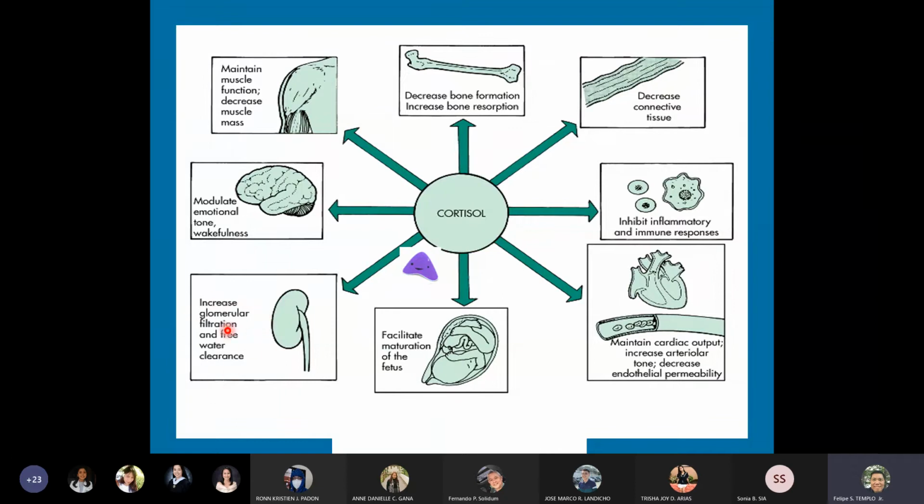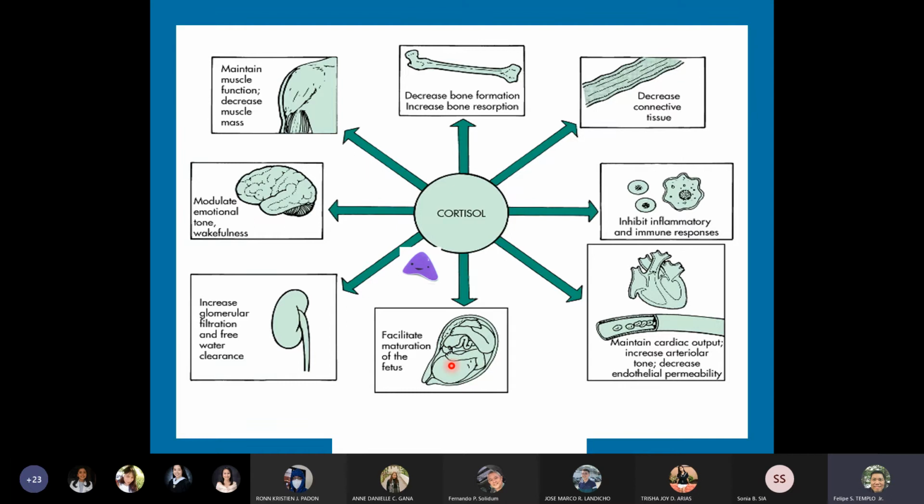It can increase your GFR and free water clearance, but it can decrease bone production by increasing bone resorption, so it can stimulate your osteoclastic activity. It can decrease your connective tissue, inhibit your inflammatory cells, and maintain your cardiac output. On the positive side, aside from stopping transplant rejection, it is also important for the maturation of your fetus.